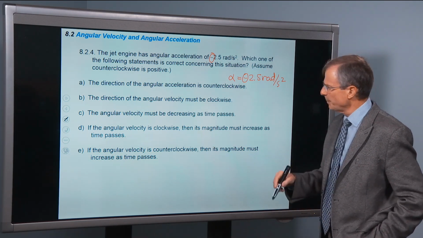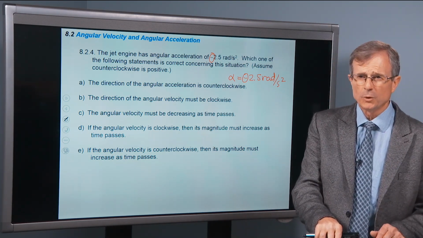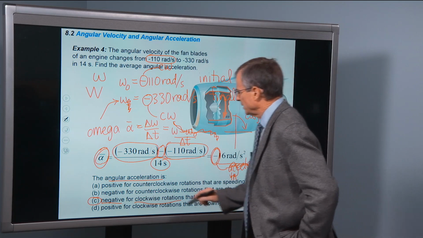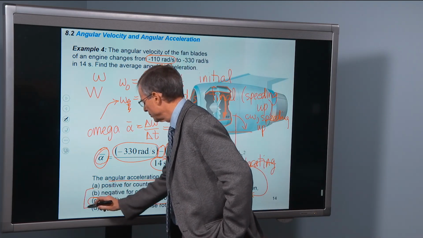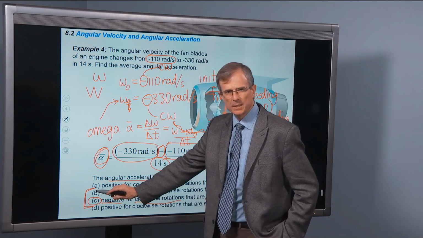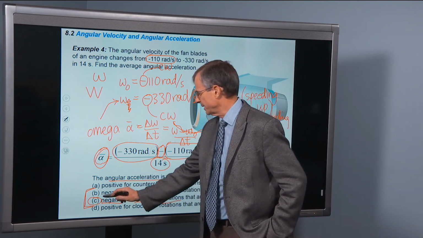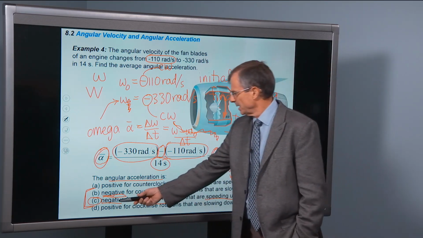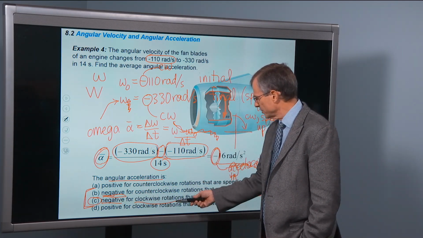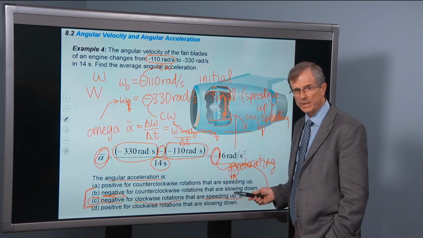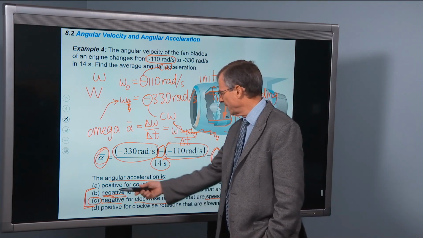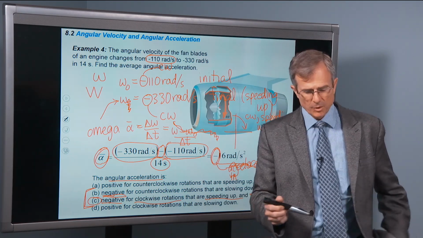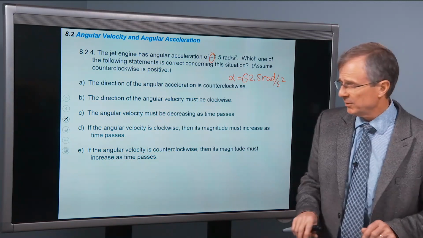So let's go back to those four statements and see which could apply here. Either of these two could apply because in both B and C, the angular acceleration is negative. So two ways to get it: it's negative for clockwise rotations that are speeding up, or for a counterclockwise rotation that's slowing down.